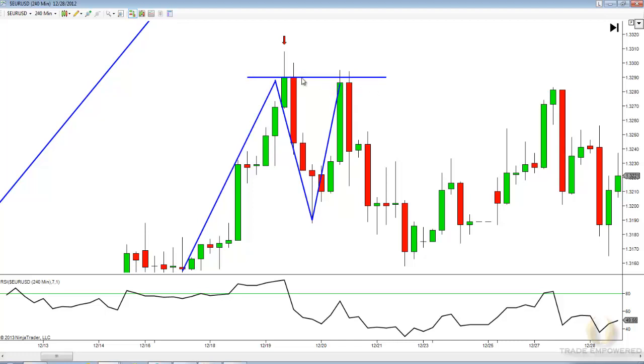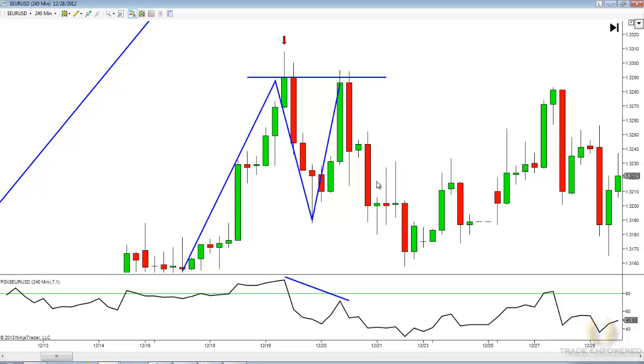If I draw a straight line through it, you'll see the wicks are right here. However, on my RSI, I'm going to get a lower high. And this is called RSI divergence, or bearish divergence, meaning the chart is telling us one thing and the indicator is telling us something else.